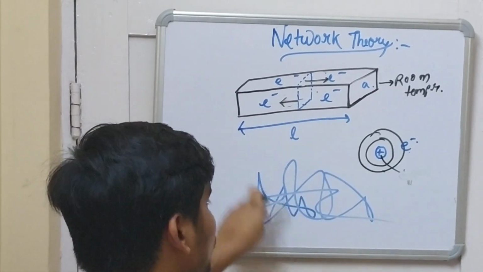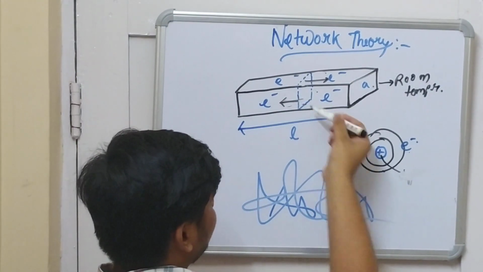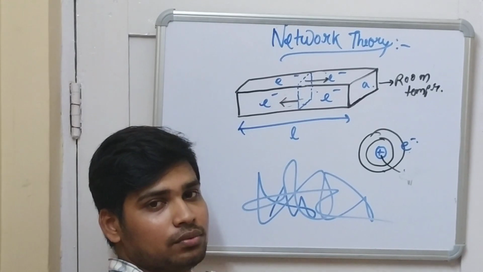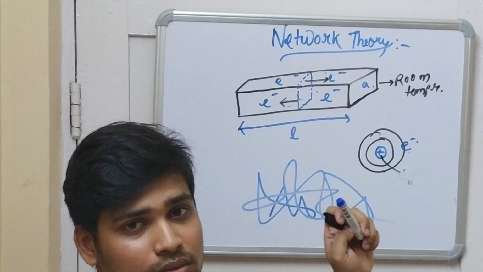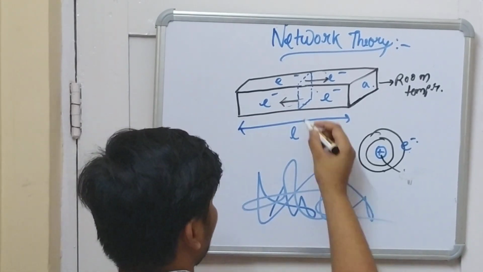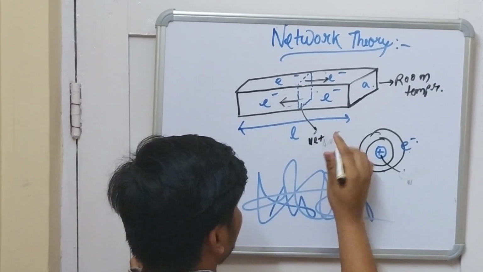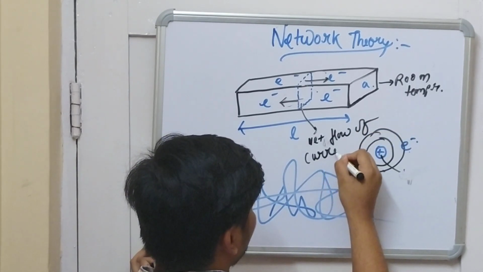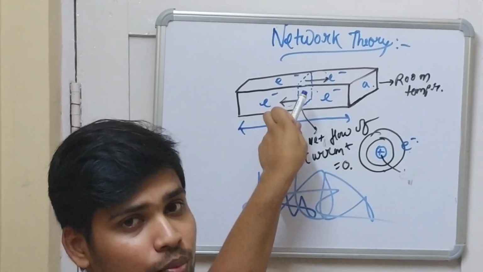At some point we can assume that the net flow of electrons in this direction will become equal to the net flow of charges in the opposite direction. And as we know that the flow of charges is the current, so the net flow of current will become 0, and this condition is known as the thermal equilibrium.